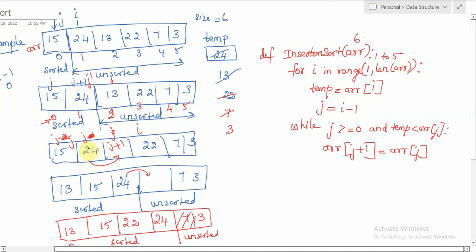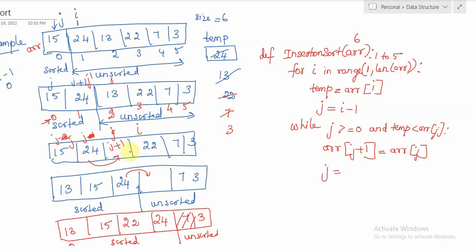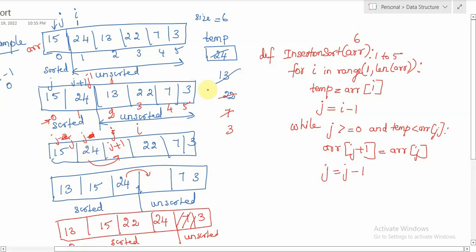So this ARR of j, okay, the index is 1, will be moved to the j plus 1 position. This will be done, and every time we will be decrementing the j value, like j equals j minus 1. Next time, again this 13 will be compared to 15, so I have to again push this value to this place, so j minus 1.